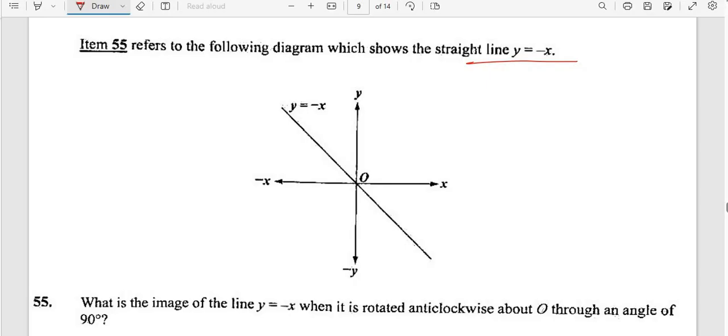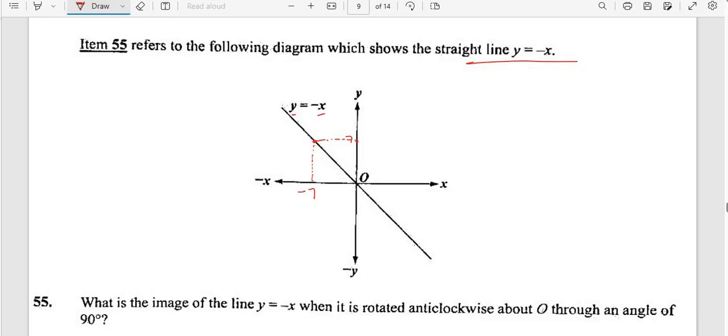And of course, the reason for that is that, let's say we have 7 here, and I go across here, and find this point on the line y equals negative x, and I go down. This will have the same amount for x and y as in 7, but notice it's a negative of x, so that'll be negative 7.